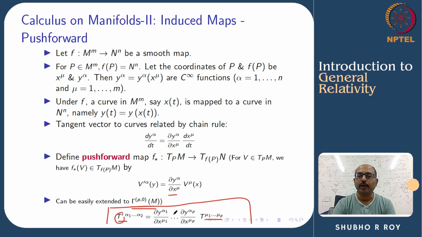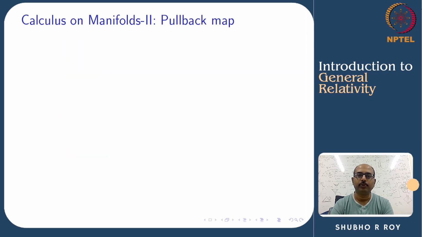So you have to contract them, because the mu's are contracted and the alphas are free indices. So this notion of a push forward, in which you take a vector in M and push it forward to some vector in N, can be generalized very simply to rank p comma 0 tensors.